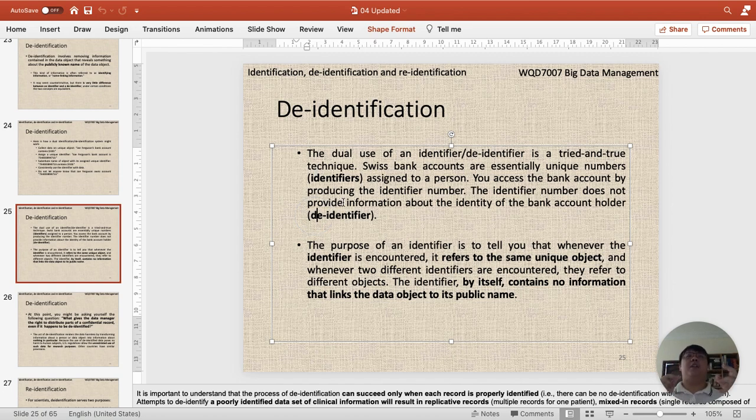When you're de-identifying your data rows, you are making a transformation from identifiers to de-identifiers, transforming the usage from one to another. So at any one time, it's still only one set of identifiers. It's either this one or this one.